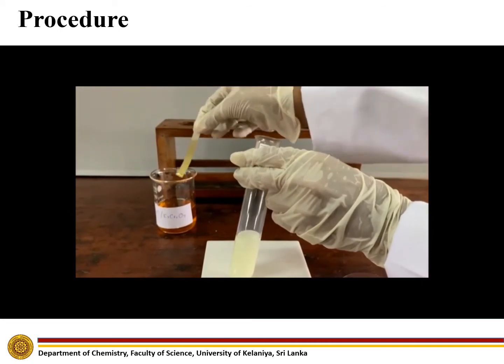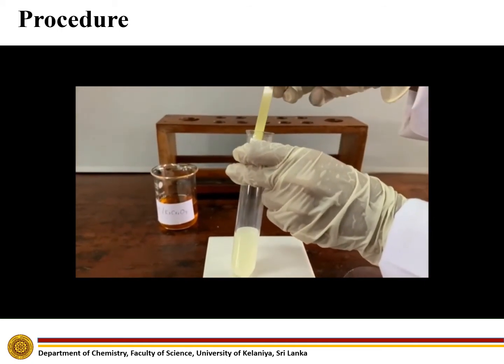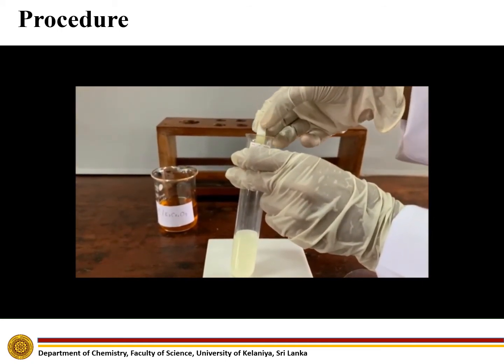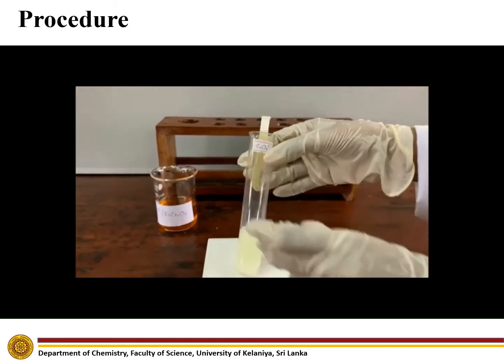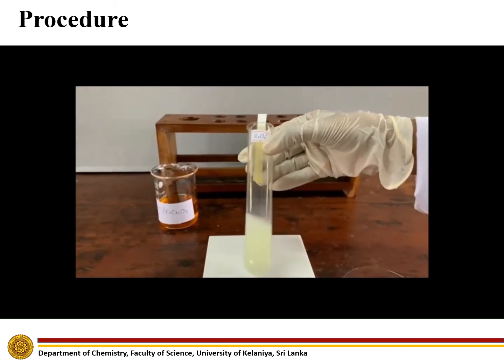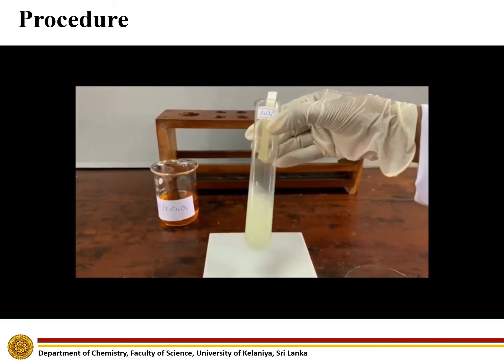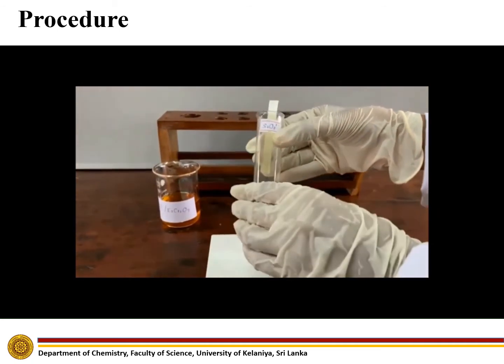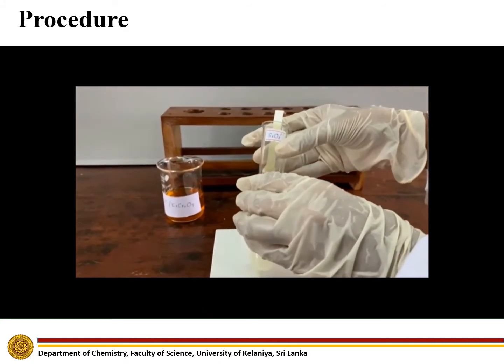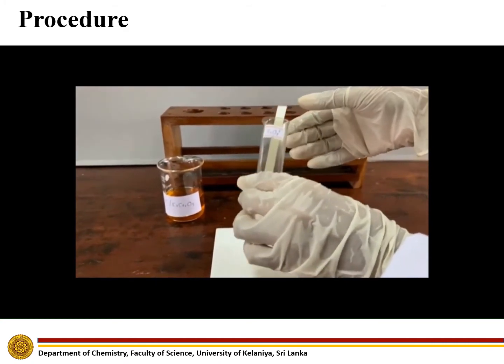A filter paper moistened with acidified dichromate is placed on the top of the test tube. Now you can see the color will change into green.